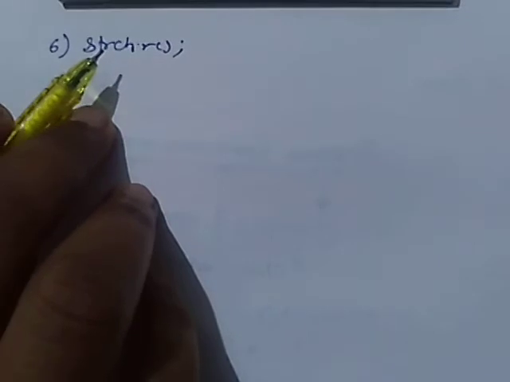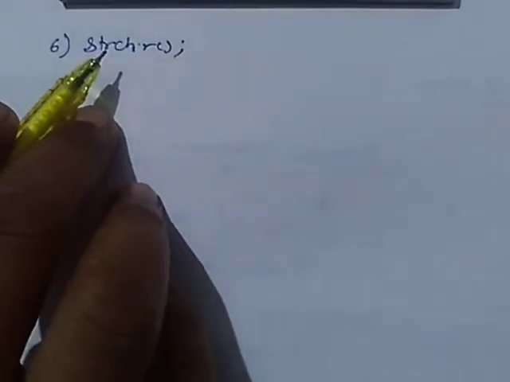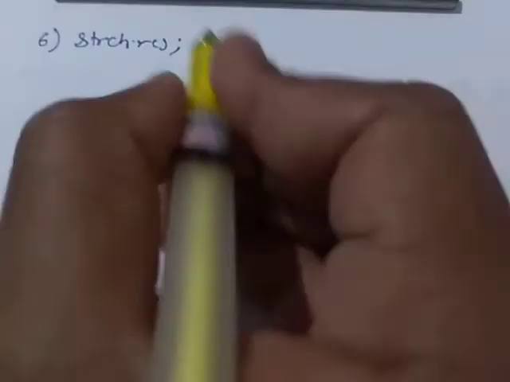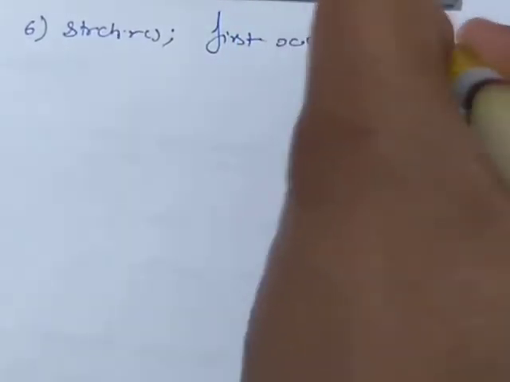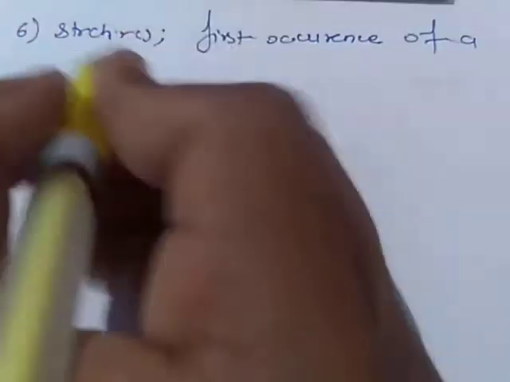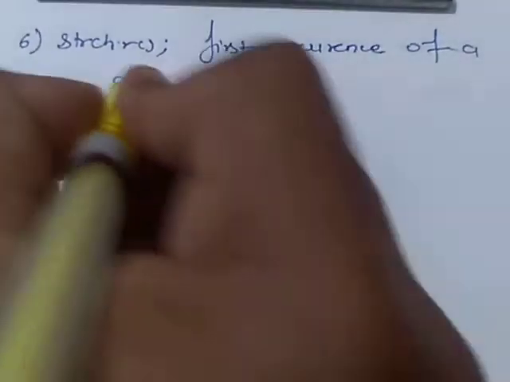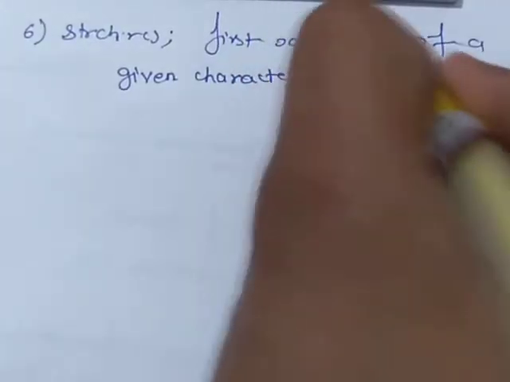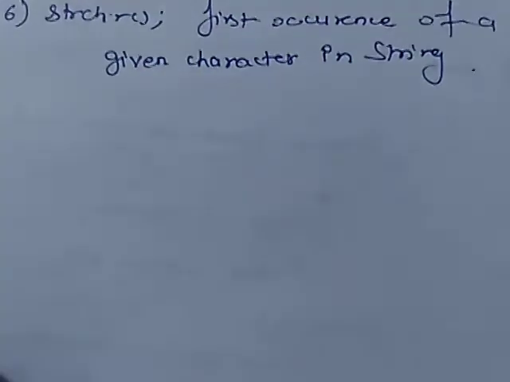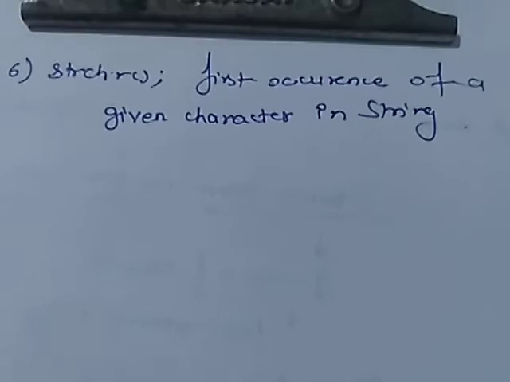This function gives the first occurrence of a given character in a string and returns the rest of the string from there.